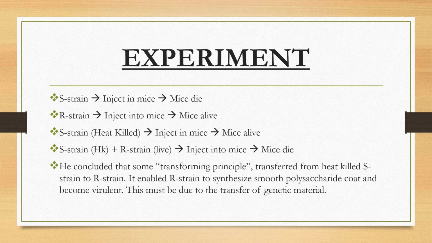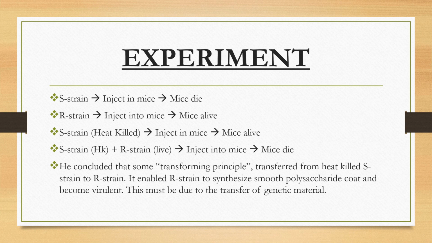First of all, he injected S strain bacterium into the mice, and he found that the mice died. When he injected R strain bacterium into the mice, he found the mice were alive. Mice were alive, means they didn't die.